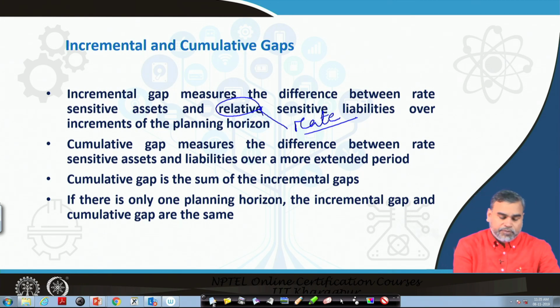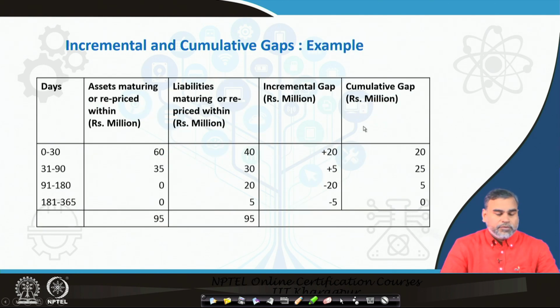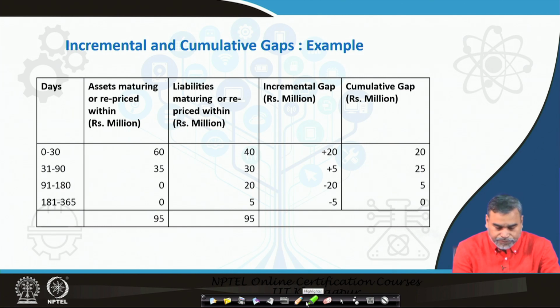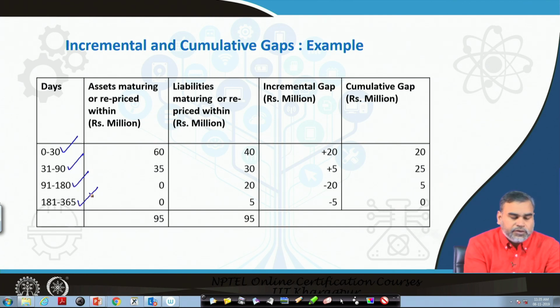If you see one example, it will be clear how the cumulative and the incremental gap basically work. Let these be the different maturity periods of the assets and liabilities: 0 to 30 days, 31 to 90, 91 to 180, 181 to 365.